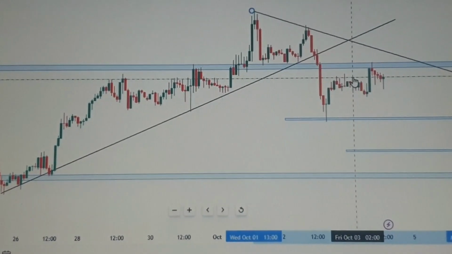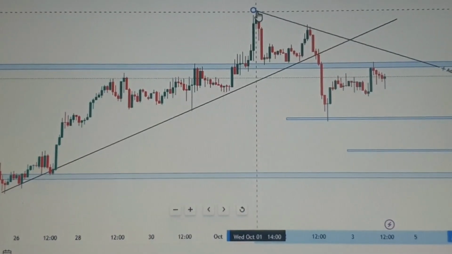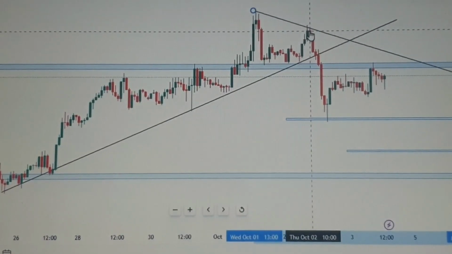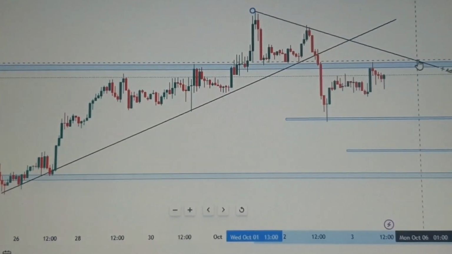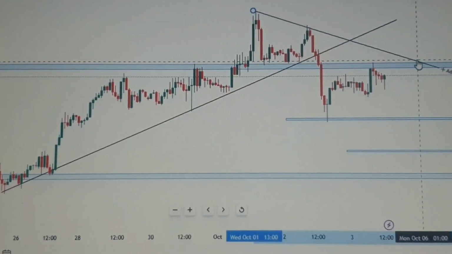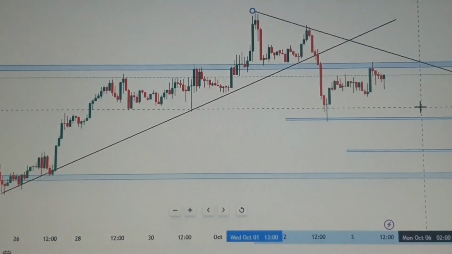We can see the first touch here, you can see the second touch here, and I'll be expecting this to come up around here, touch this one before it begins to drop down.